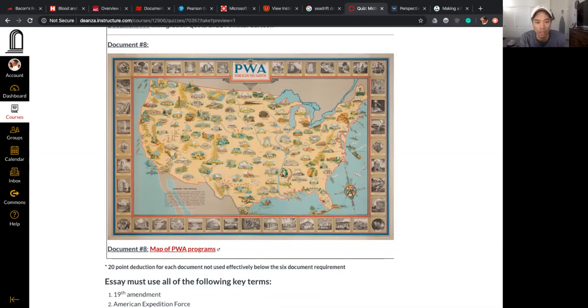And then the last document here, this is a map of the PWA, the Public Works Administration. This was a government agency that was in charge of putting American workers back to work and also rebuilding America's infrastructure. It was part of the New Deal, right, under Franklin Delano Roosevelt.